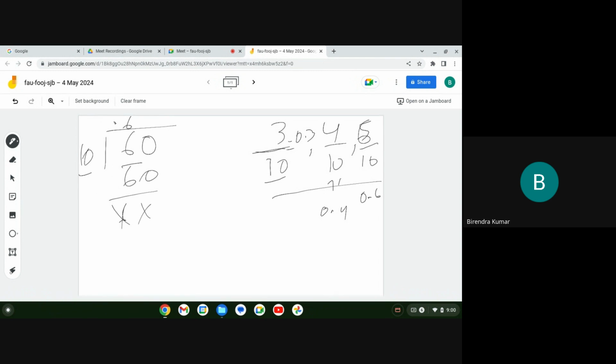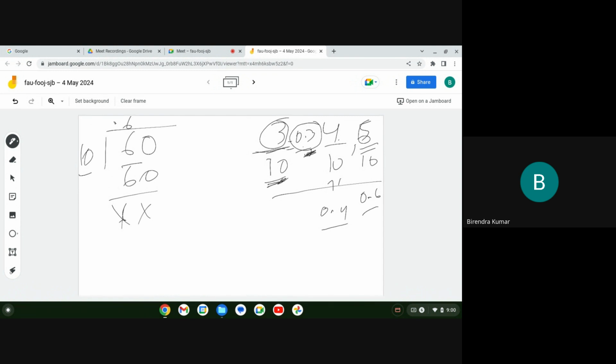Now notice this. 3 by 10 became 0.3. 4 by 10 became 0.4. 6 by 10 became 0.6. What's happening here? What's the difference? Everything is the same, say 3. Now what's happening is you have by 10.